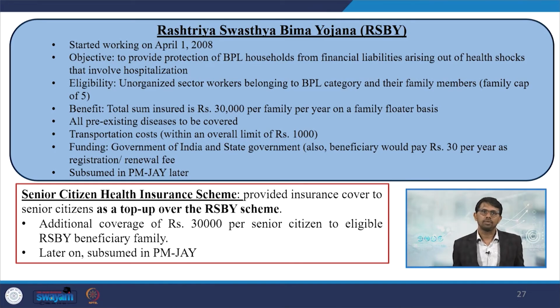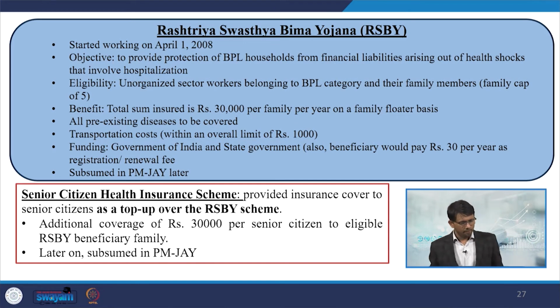Usually the family cap is restricted to 5. The total benefit was 30,000 rupees per family per year on a family floater basis. All pre-existing diseases were covered, and transportation costs are also discussed within this scheme. Within the limit, transportation cost is covered at 1000 rupees.